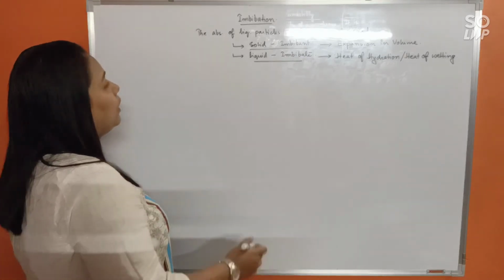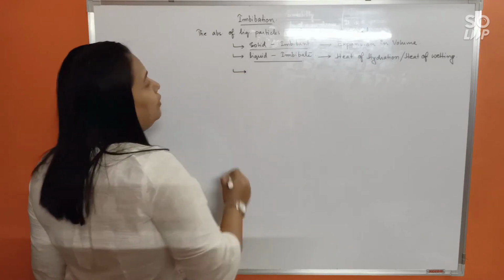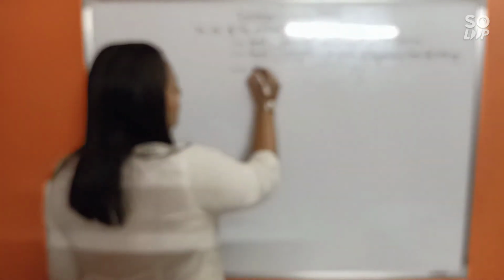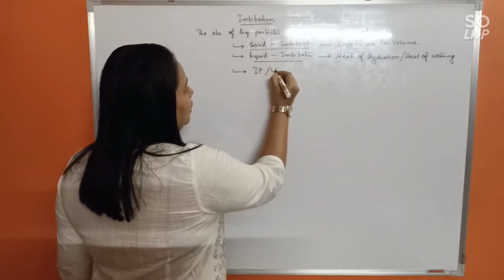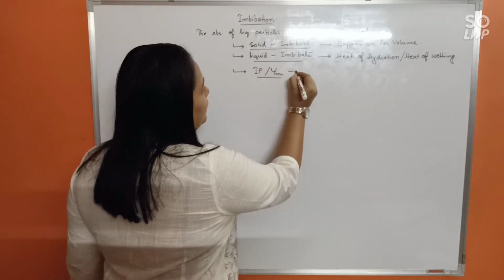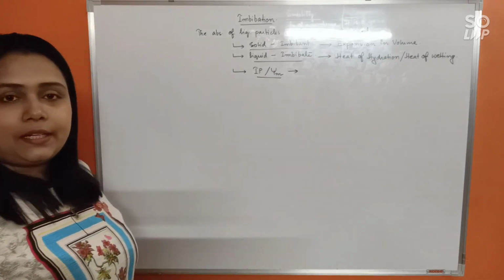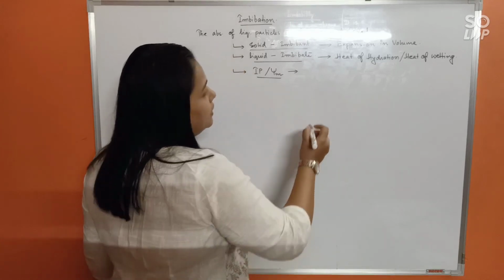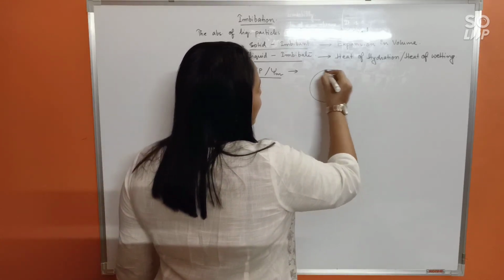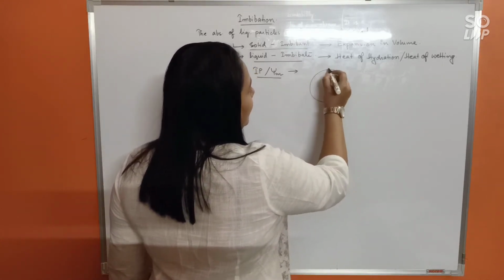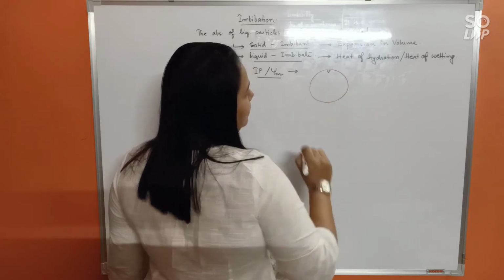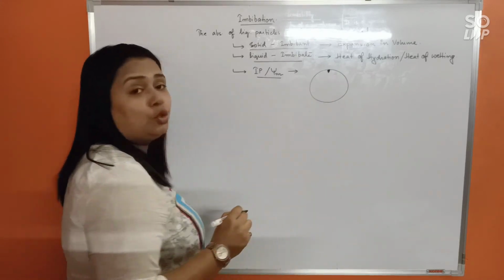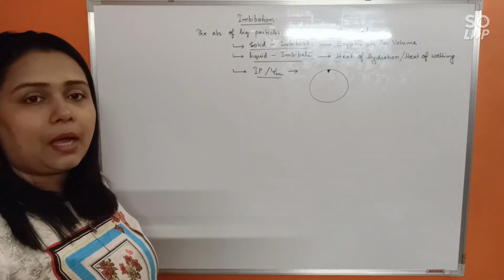Alright. Now, apart from these two, there is another important thing associated with the imbibation phenomena, that is IP, imbibation pressure, which was previously denoted as matrix potential, that is psi m. Okay. See, suppose I take a large piece of rock, and in one of the gaps present in the rock, I fit in a piece of wood, being an excellent imbibant, right?